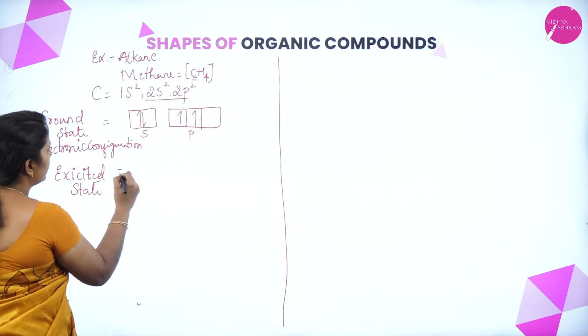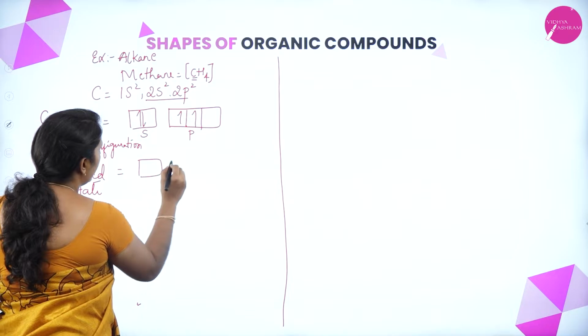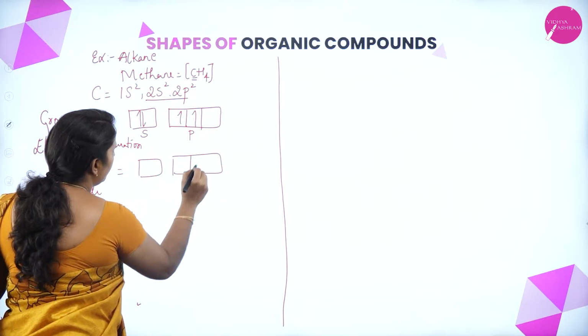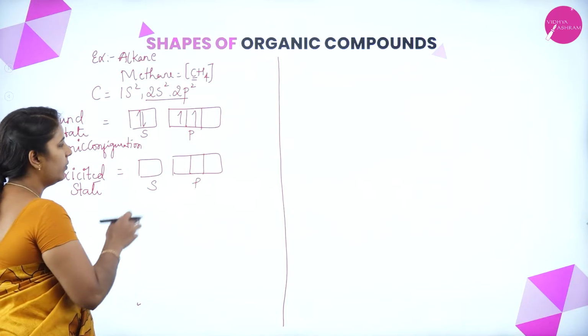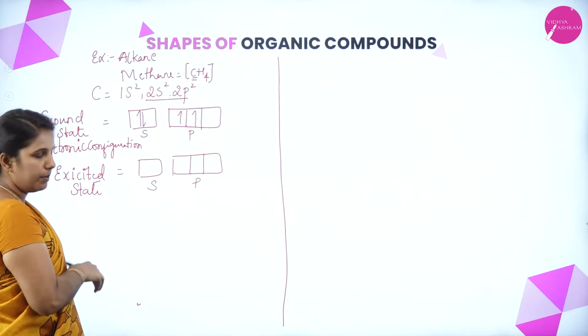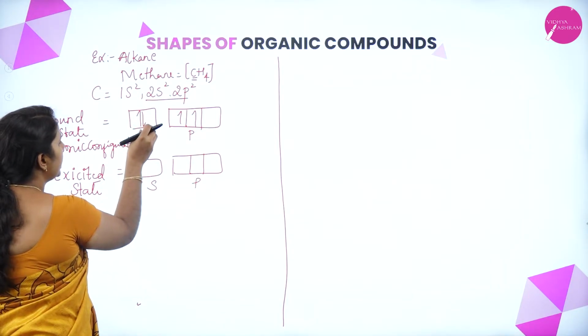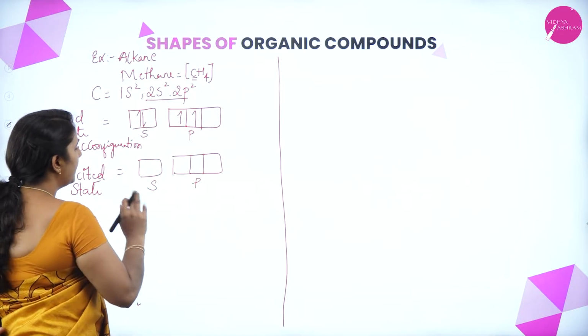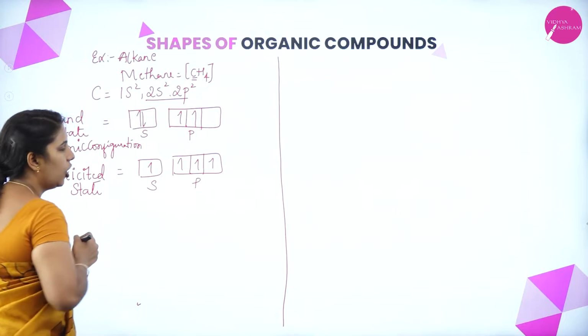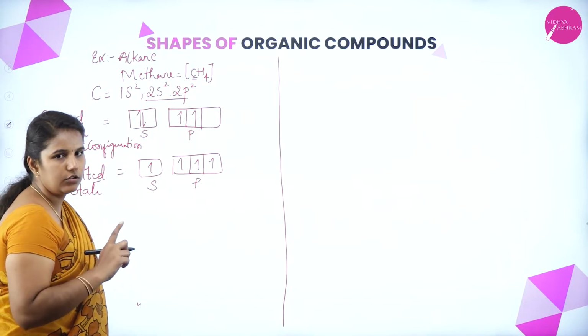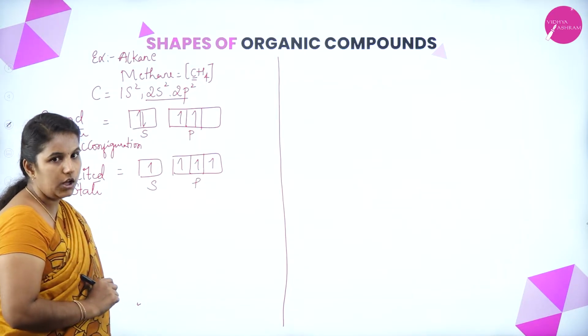This is my s and this is my p. Look at the board now. In the excited state, when 4 different hydrogen atoms approach, one of the electrons from the s orbital is shifted to the p orbital. Thereby, it has 1 electron in each of the 4 atomic orbitals.